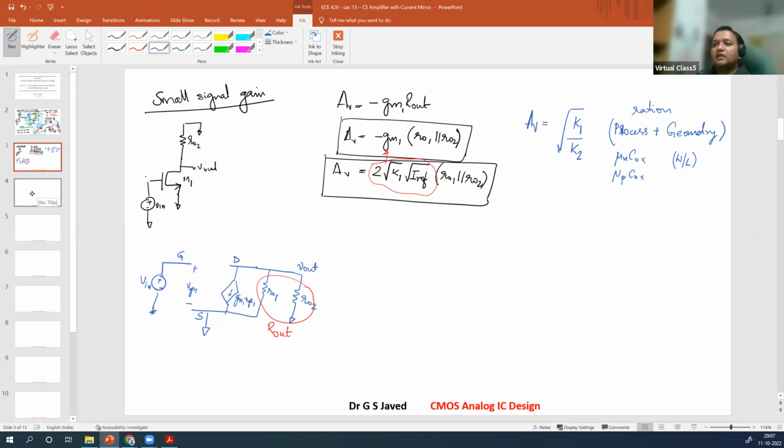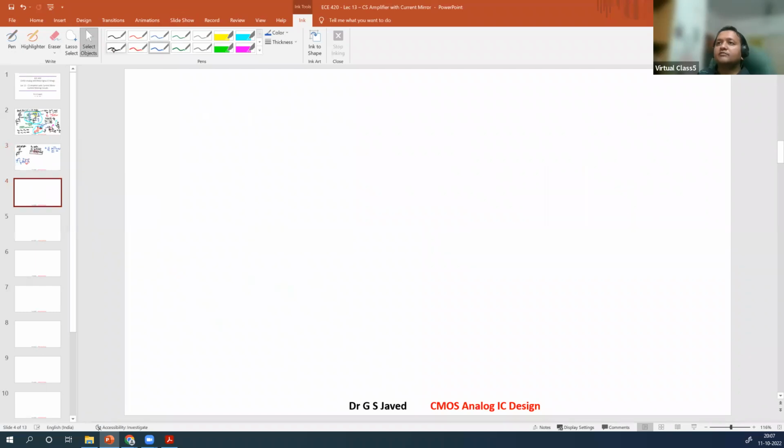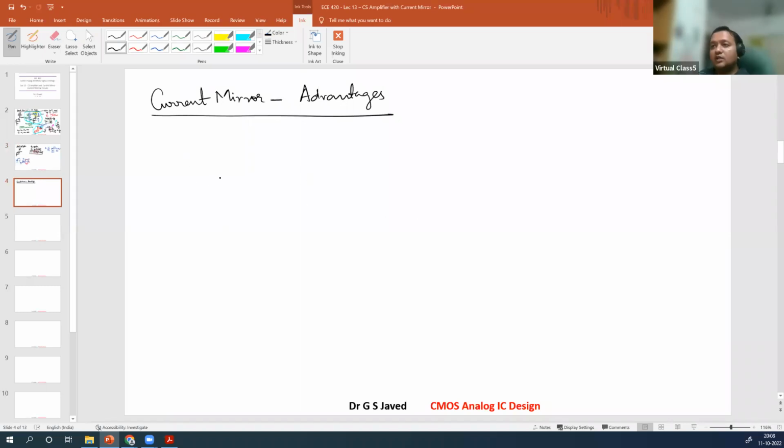Now, another major advantage of this current mirror is what we mentioned, right? You can use just one of these current mirror sources to distribute the voltage across all the other current mirrors.